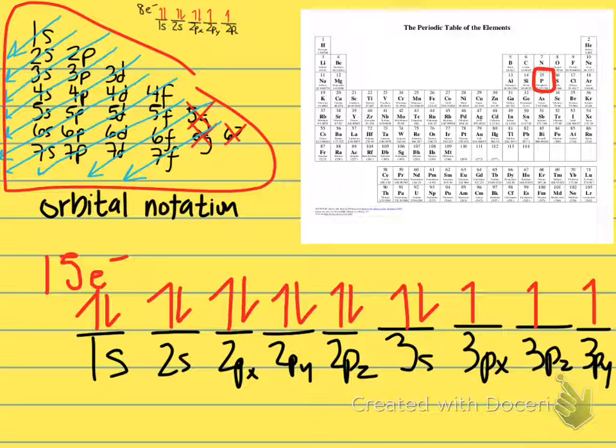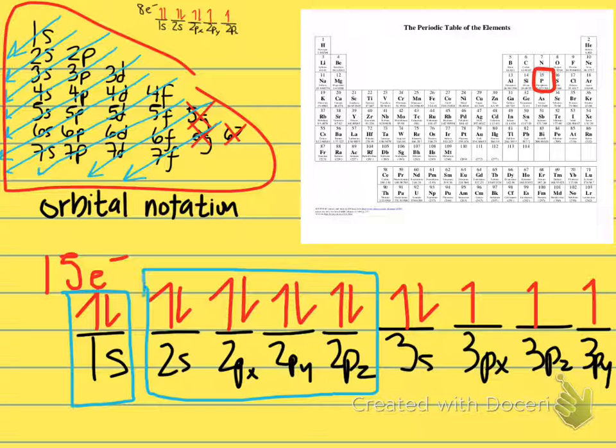And just to do a quick bit of distinguishing. This is your entire first main energy level. It's a single subshell and a single orbital. This is your second main energy level.